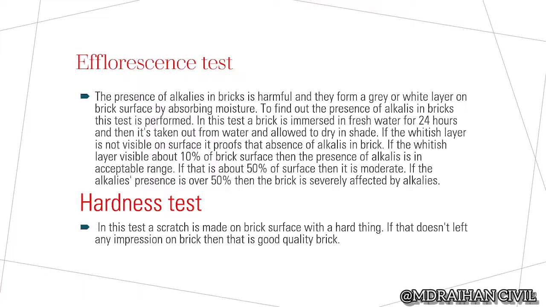If no layer is visible on the surface, that indicates the absence of alkalis in the brick. If the white layer is visible on about 10% of the brick surface, then the presence of alkalis is in the acceptable range. If it is about 50% of the surface, then it is moderate. If alkalis presence is over 50%, then the brick is severely affected by alkalis.